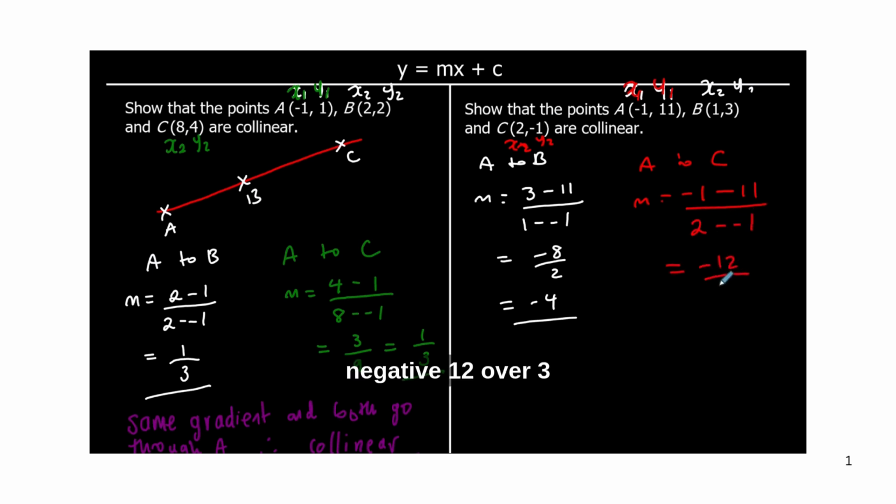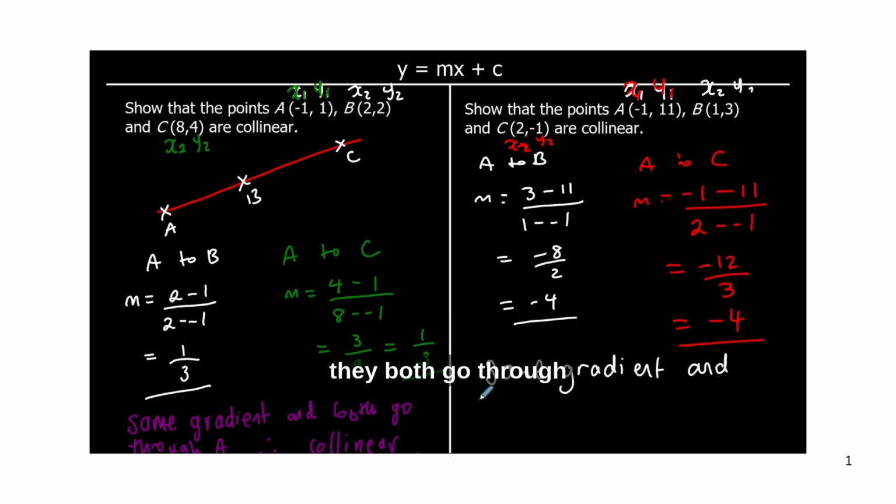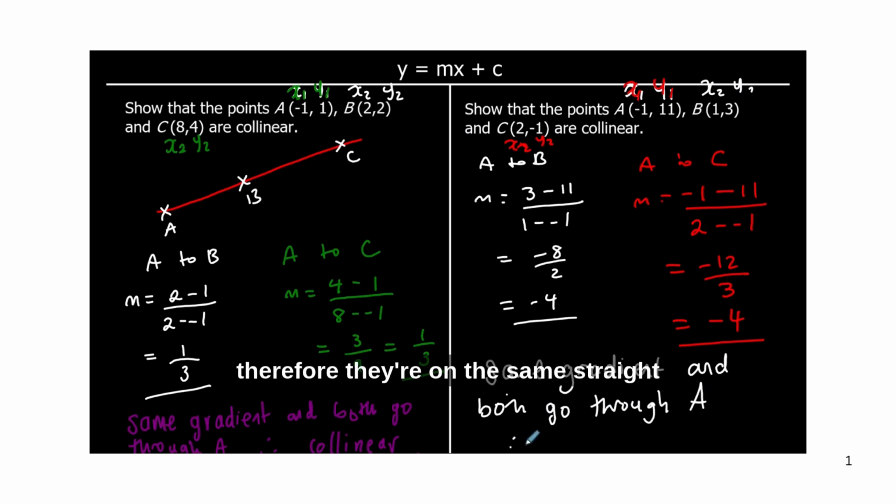Negative 12 over 3, which again is negative 4. So same gradient. And they both go through A, therefore they're on the same straight line.